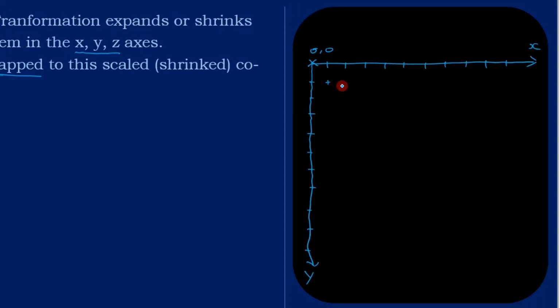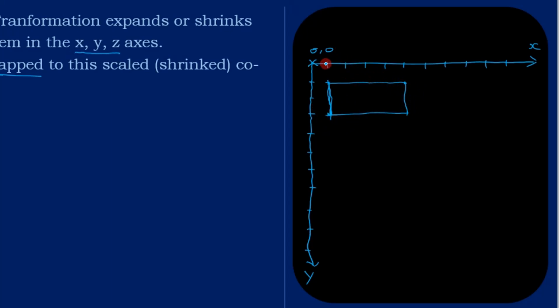So you will be seeing a rectangle with four points. This will be the initial rectangle.